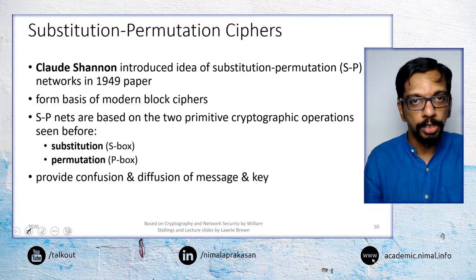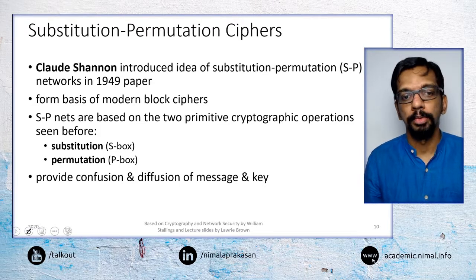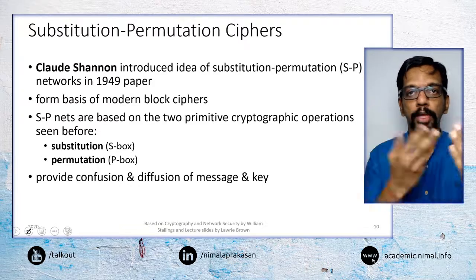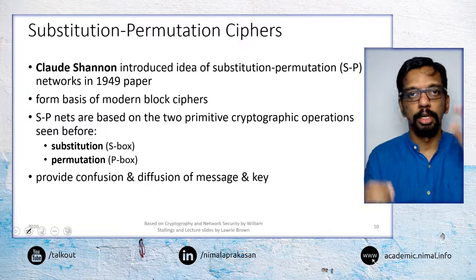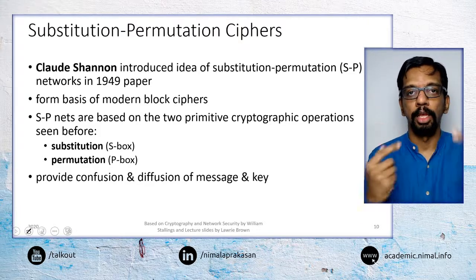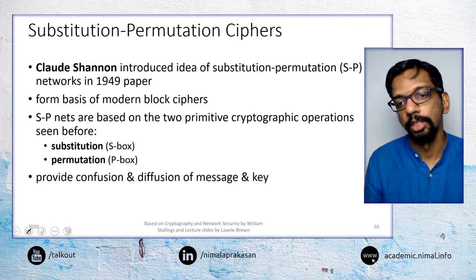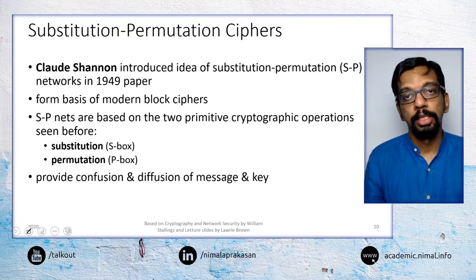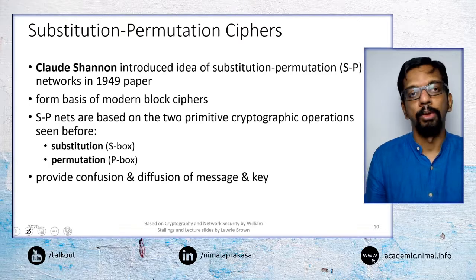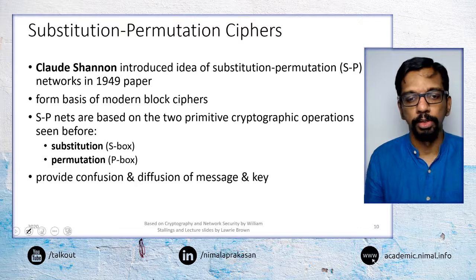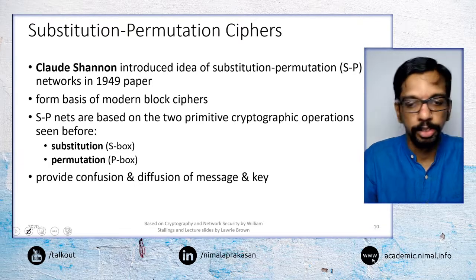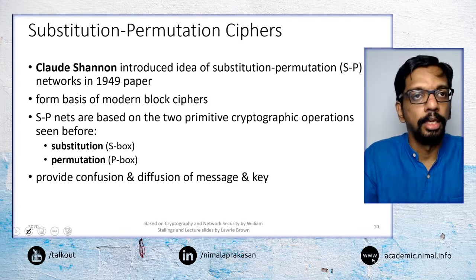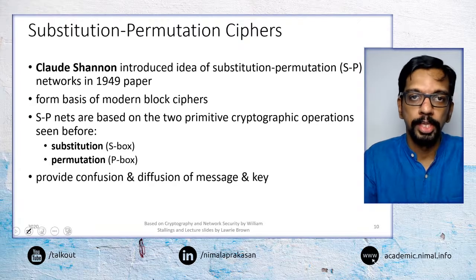One operation will do the substitution, as we discussed in the previous week, and the other one will add permutation. This will permute the available messages among themselves. So one is replacements, then changing them over in the permutation. These two cryptographic operations combined together, we call substitution permutation ciphers, or the Shannon-Claude ciphers, or SP networks. The main idea with these SP networks is that they give us confusion and diffusion for message and key.